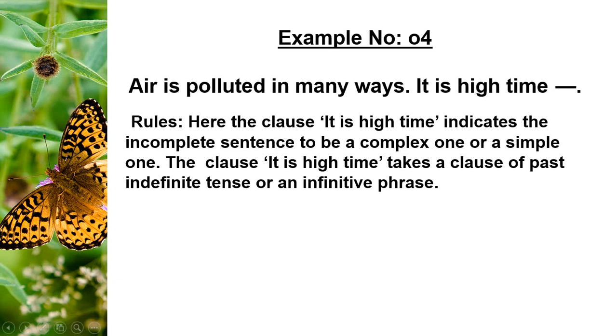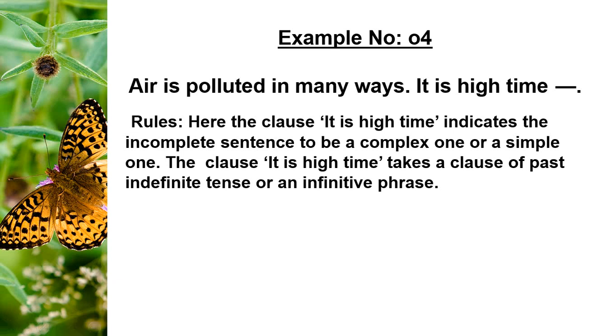Usually this clause makes complex sentence, and it can make simple sentence also. Again, it's high time indicates the complete sentence to be a complex one or a simple one.